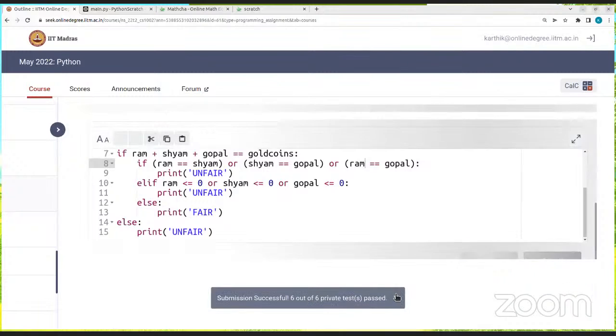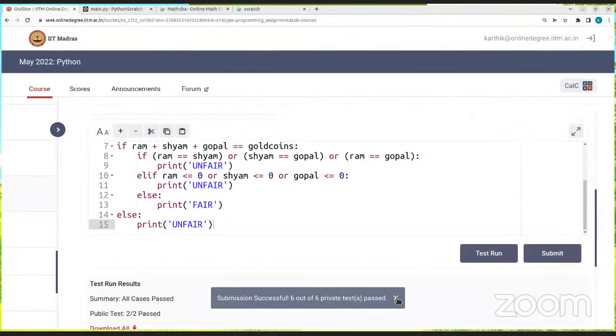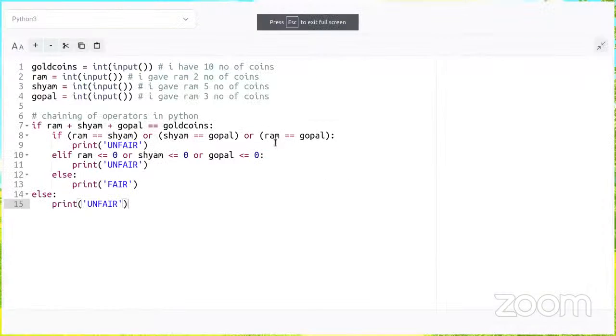I mean, we were messing up the order. So this is one condition, that no coin should be left behind. This is the condition which says that no two of them should have the same number of coins, and this is the condition that all of them should have a non-zero share.